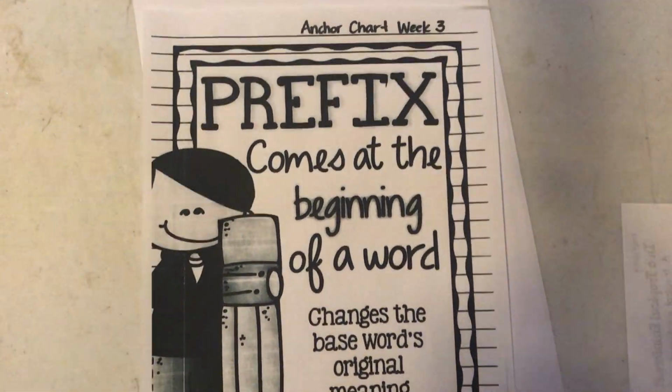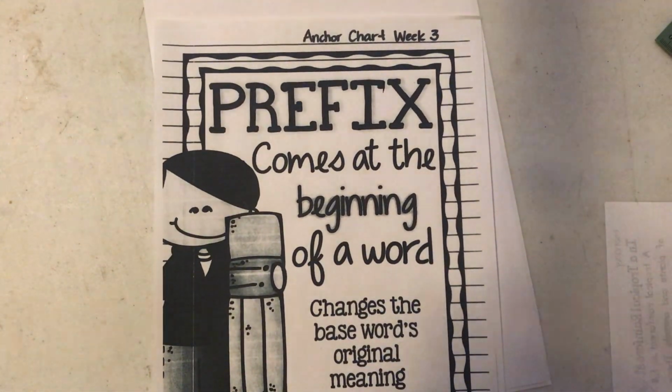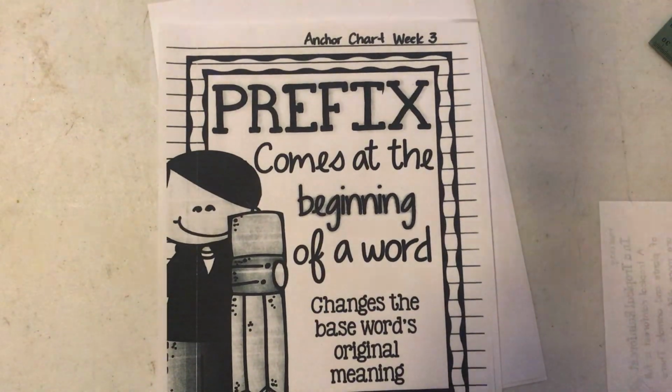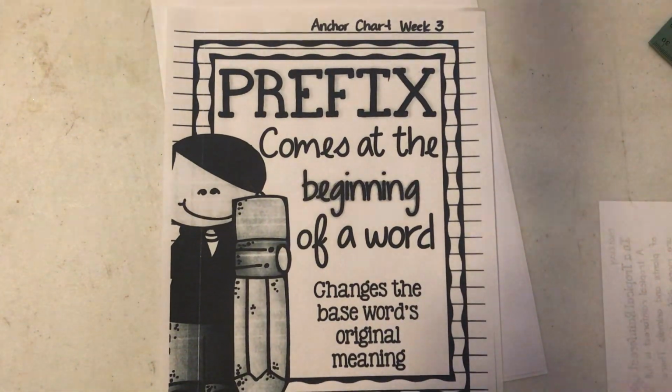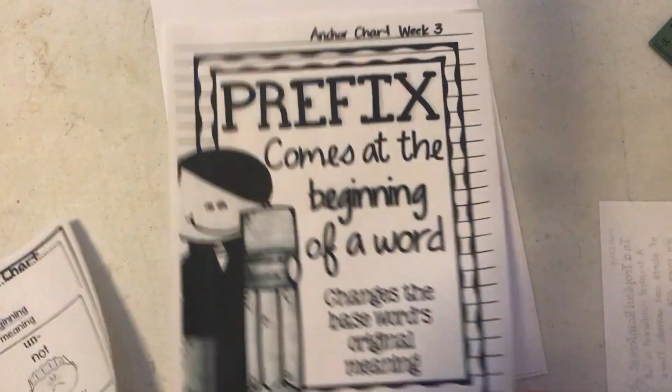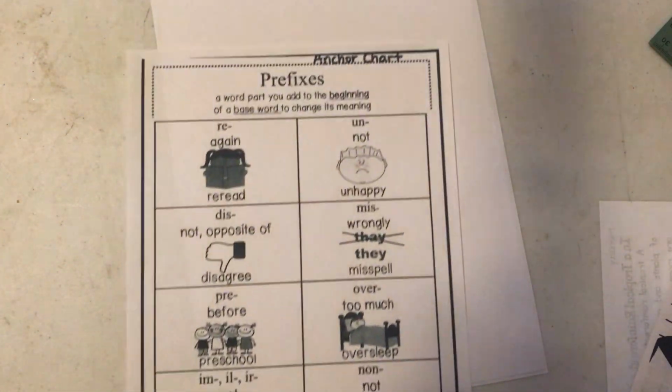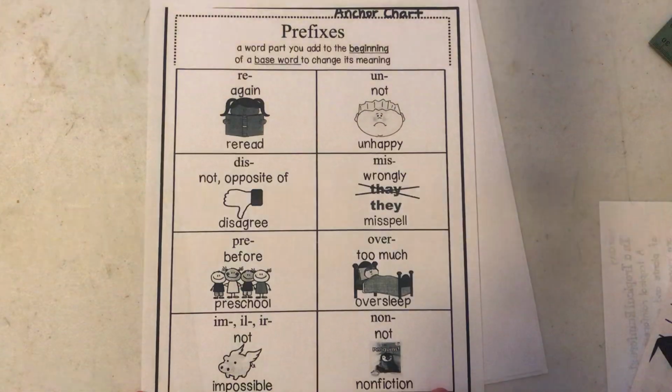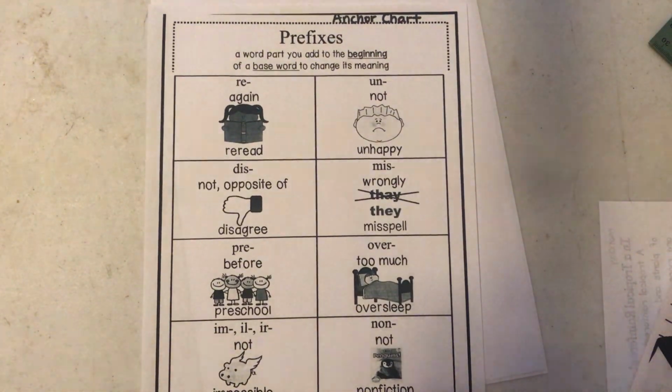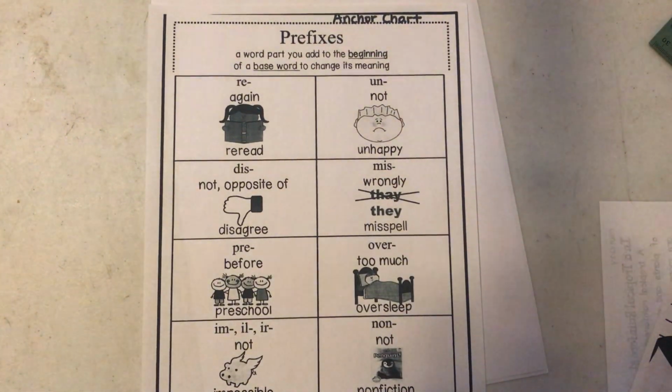We've been talking about prefixes and suffixes. A prefix comes at the beginning of a word. It changes the base word's original meaning. So I want us to look at our anchor chart and let's go over those.